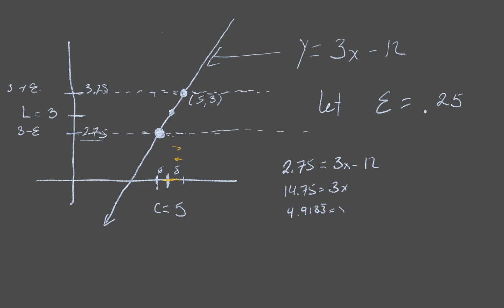Okay. So I'm going to go down to the left-hand endpoint of the interval, which is 4.913 repeated. And I do the same thing with the right, and I think I get 5.086 repeated.